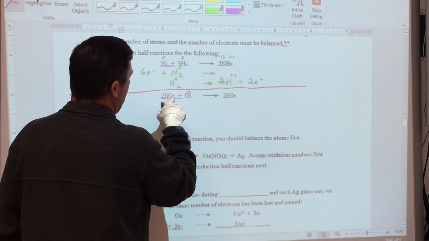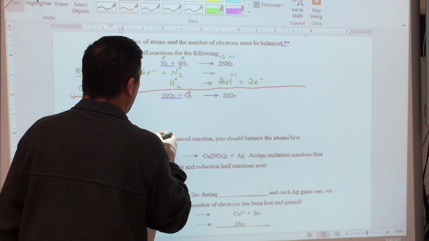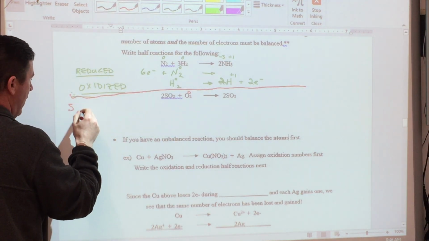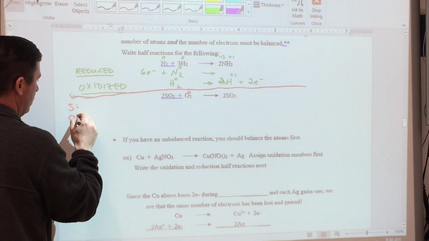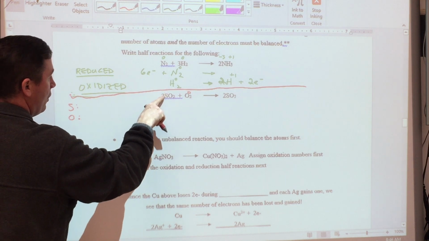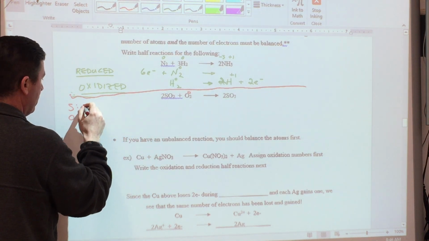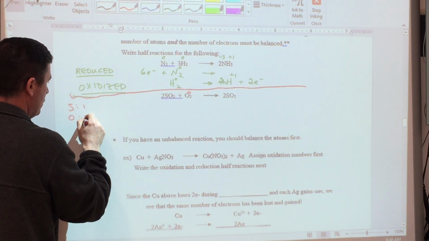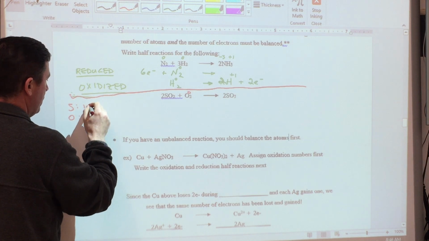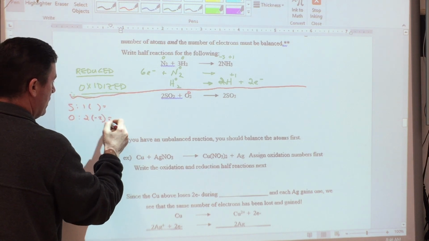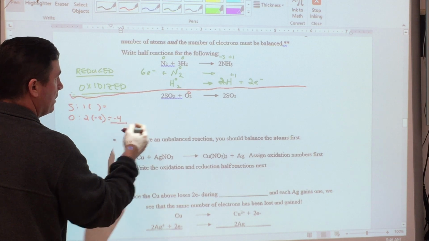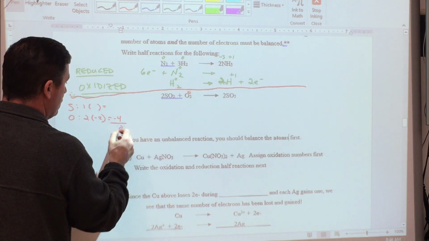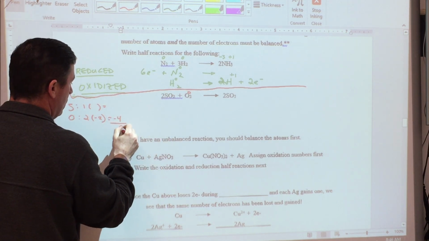Okay, S and O2. Well, I can do that over here. S and O2. Don't worry about the coefficient. Sulfur, there's 1 of them. Oxygen, there are 2 of them. It's negative 2. I don't know what that is. That's negative 4. This is a molecule, so this total is 0.